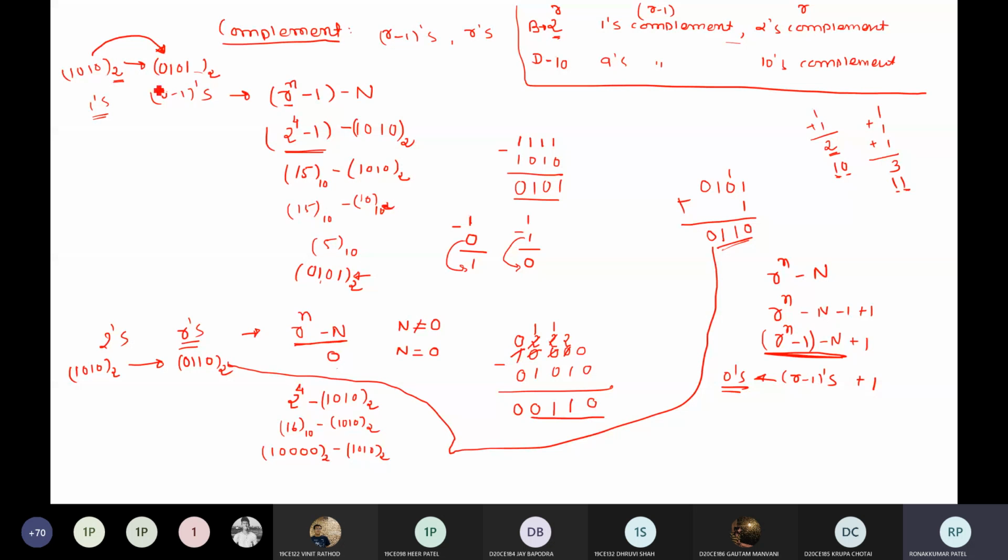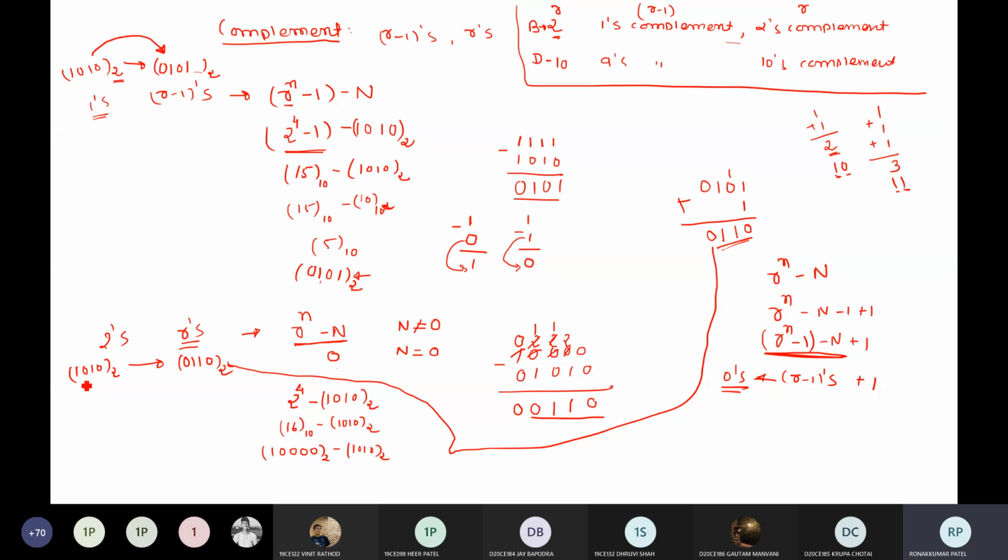Right? Now for 2's complement, one method I just showed: add 1 to it. But if you want to write it directly, how can you write it? Okay, let me tell you.